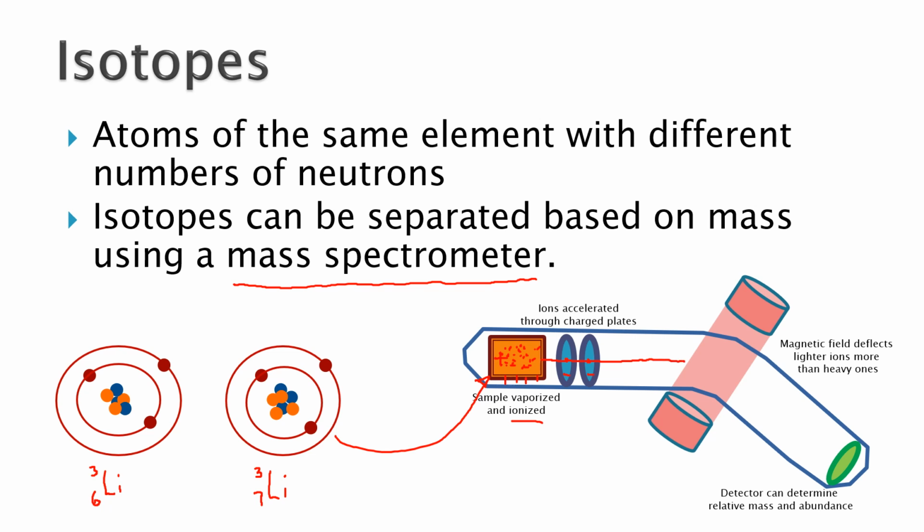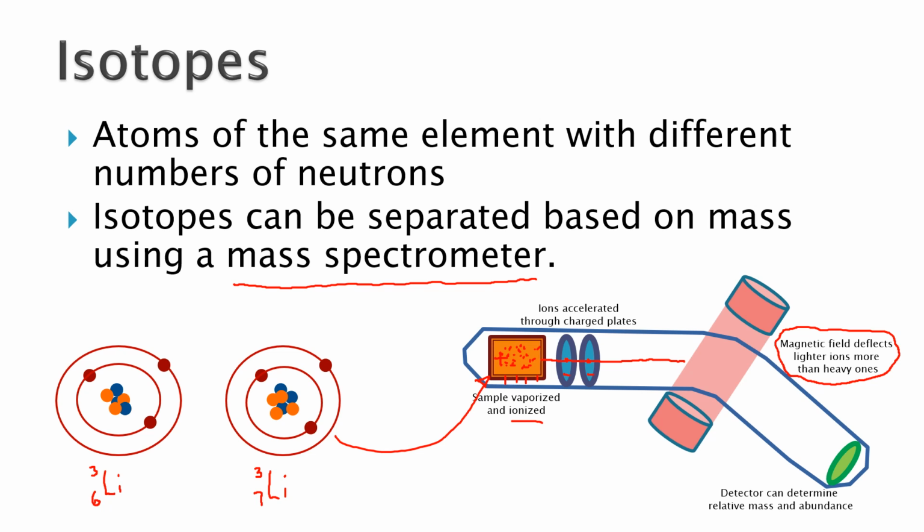And then you have this magnetic field that the stream of isotopes has to pass through, and it will deflect this beam of particles as it passes through. Just like if you're watching a football game, the heavier guys on the football team don't get moved as much if they get tackled than a lighter guy.